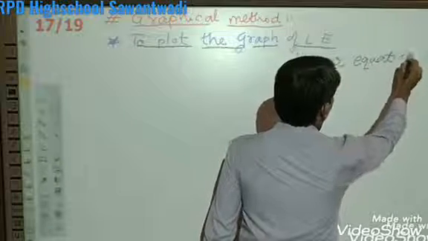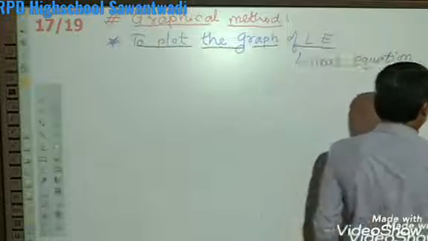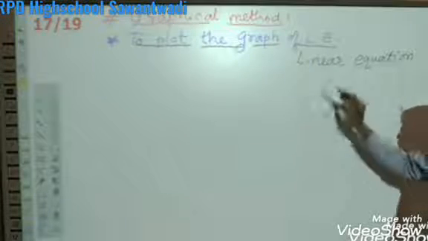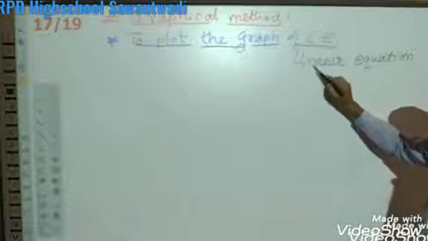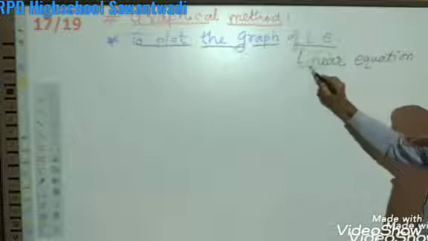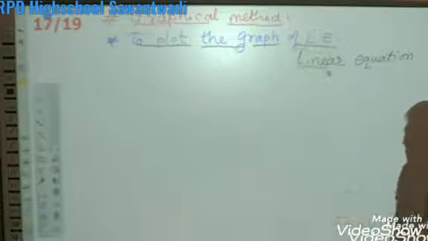And if you remember, we studied different conditions why this equation is called linear equation. In this word linear, we find the name of a diagram. What is this? It is nothing but line.